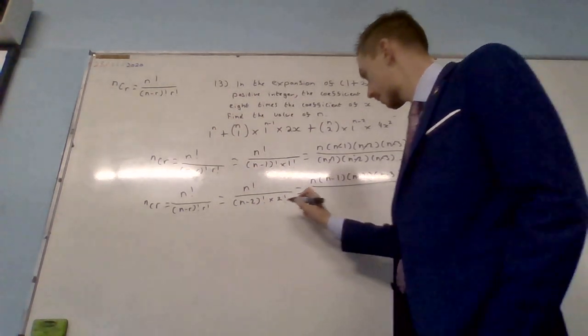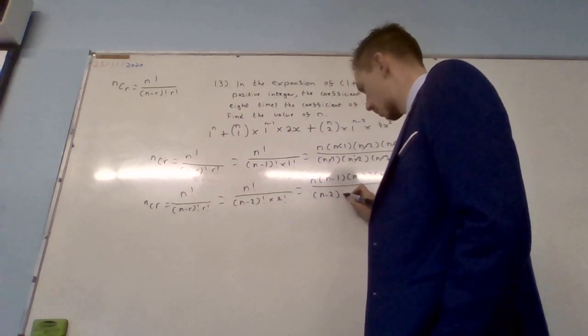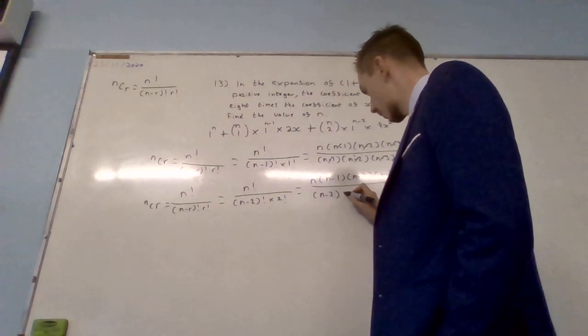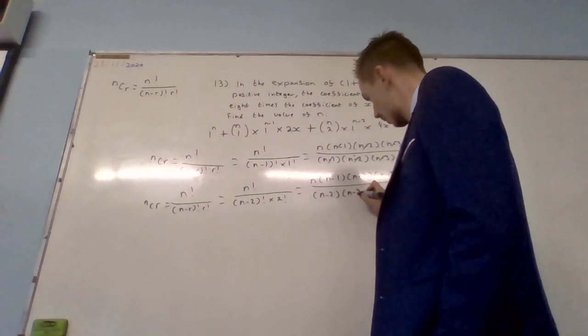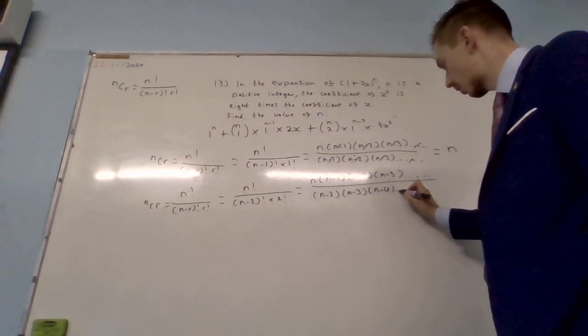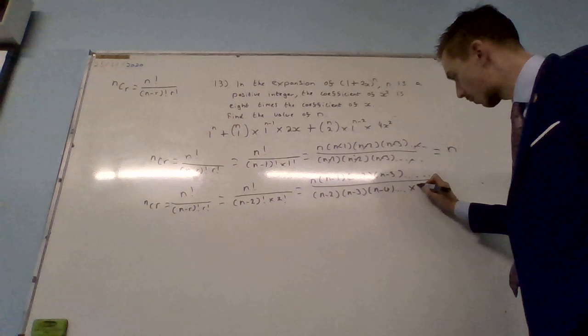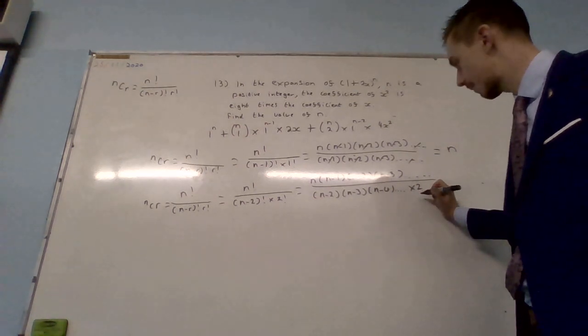For our denominator, n subtract 2 times n subtract 3 times n subtract 4, dot dot dot. But then we've also got our 2 factorial, so that's also going to be multiplied by 2 here. We need to remember that.